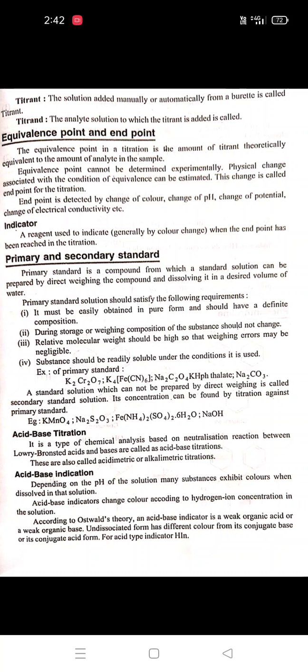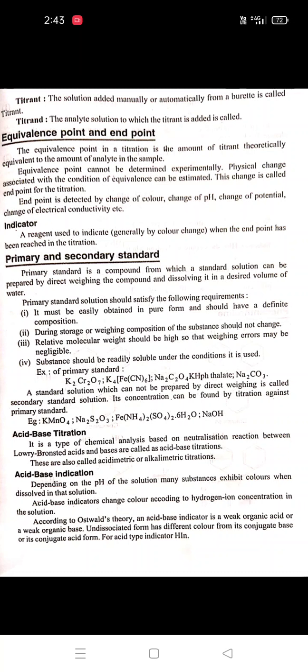So that is the difference of the indicator. Generally, in ionic form phenolphthalein is a pink color.